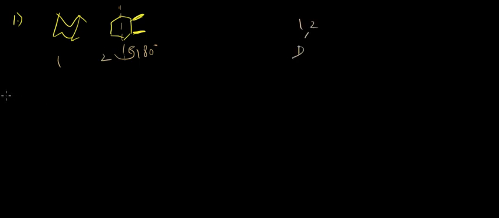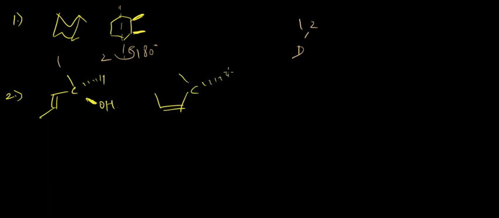Okay, so let us look at the second example, where we have this compound and this is C. There is a methyl group here, there is H here and OH here. Similarly, we have this, where we have C, OH as this, and H as this. So let us compare whether 3 and 4 are enantiomers, diastereomers, or anything else.